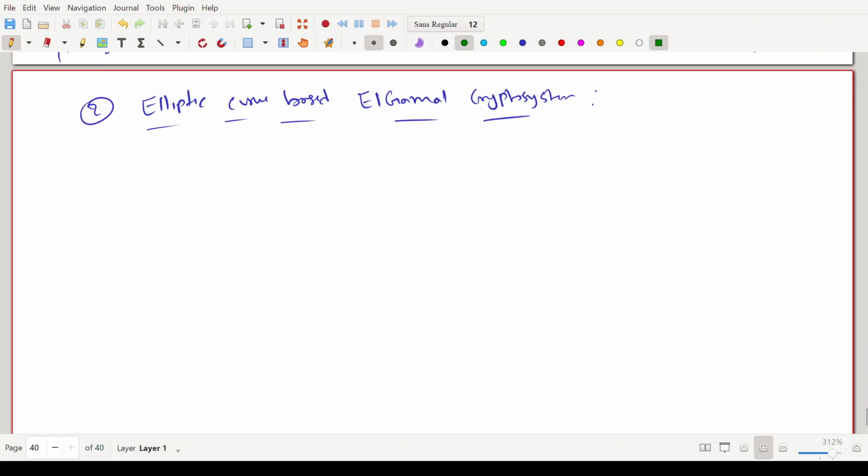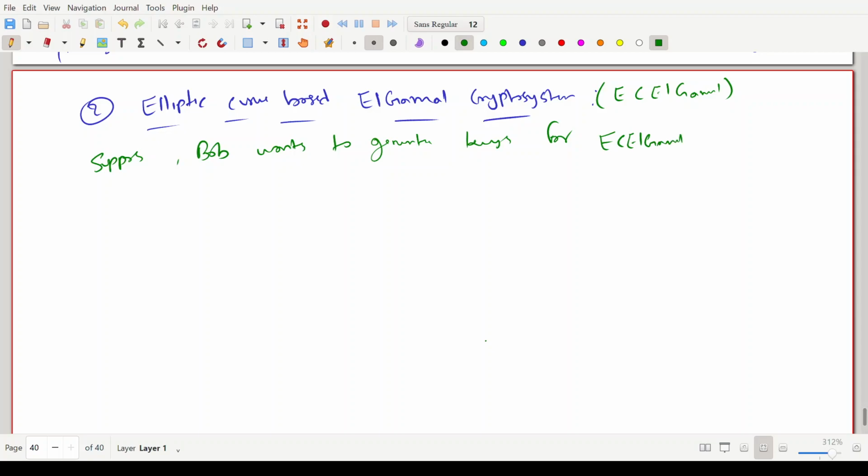Suppose Bob wants to generate keys for, let me call this ECElGamal crypto system, he proceeds as follows.